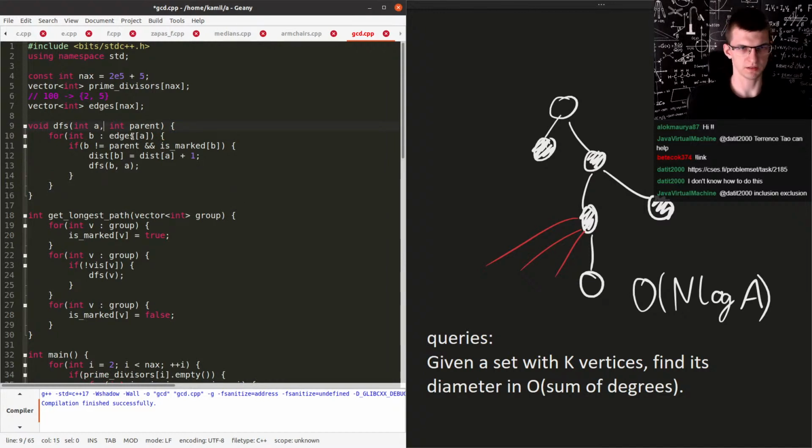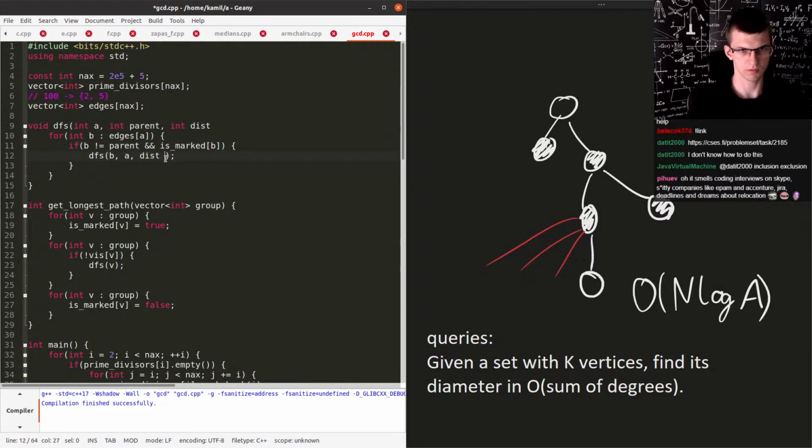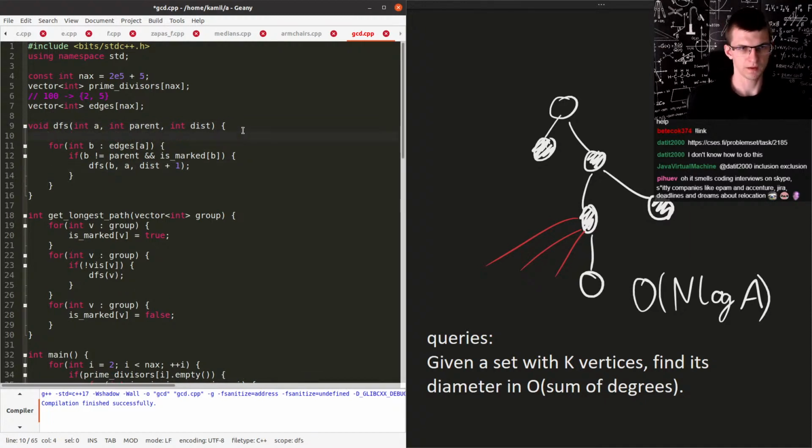Well, we can pass it. Distance +1. Div2 gets a vertex, it gets a previous vertex and the distance from the start. It will behave like this, and also furthest.